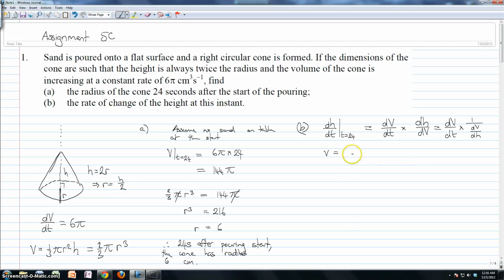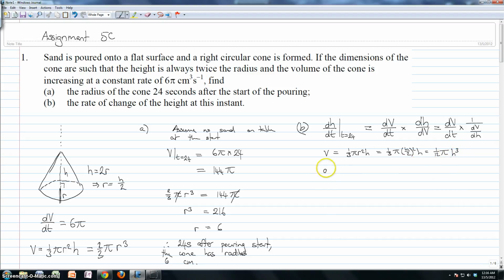That means that my volume is actually going to be 1/3 pi r squared h, which is equal to 1/3 pi (h over 2) squared h, which is 1 over 12 pi h cubed.